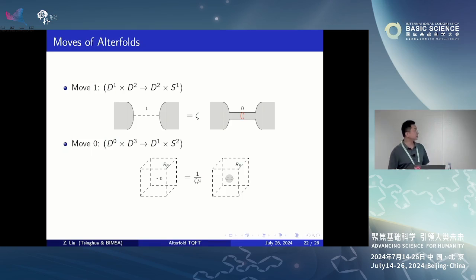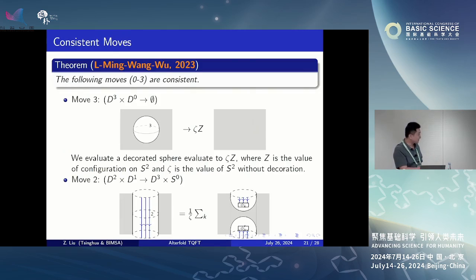And then similarly, we can go further. We take D1 cross D2, and we change that to D2 cross S1. Again, we take the value of this picture with this dual picture, and then we will have a kind of solid torus. But where do we have the value of the solid torus? Previously, we only have the value of a sphere. Okay, we go to the previous step.